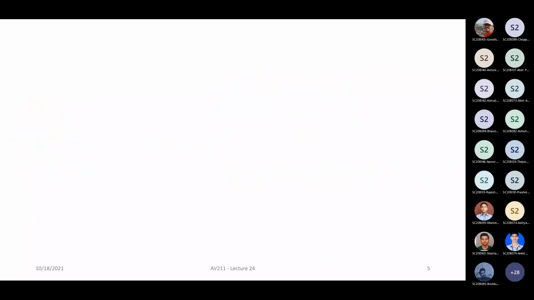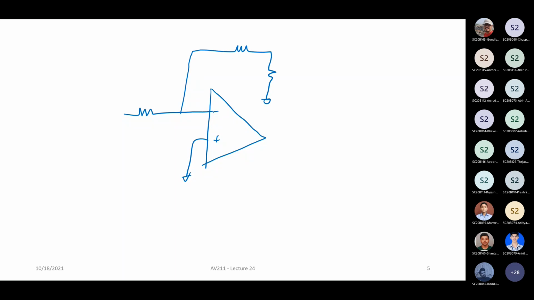In other words, if you take it in a more generic sense, you fix this node potential A, but if you take R2 by R3, let's say, is some ratio K, all right?